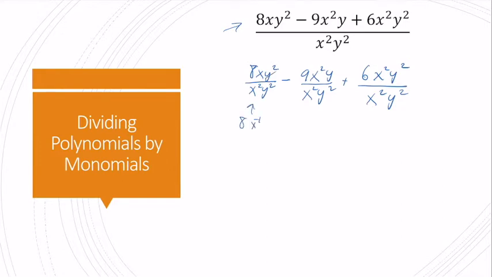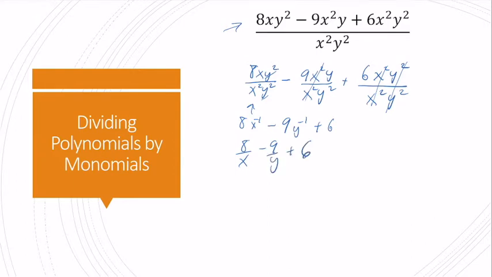Y squared divided by y squared is 1. Minus 9, my x's cancel, but I have y to the minus 1. Plus 6, but my x squareds and my y squareds cancel. Now I don't like negative exponents. So this becomes 8 over x minus 9 over y plus 6.